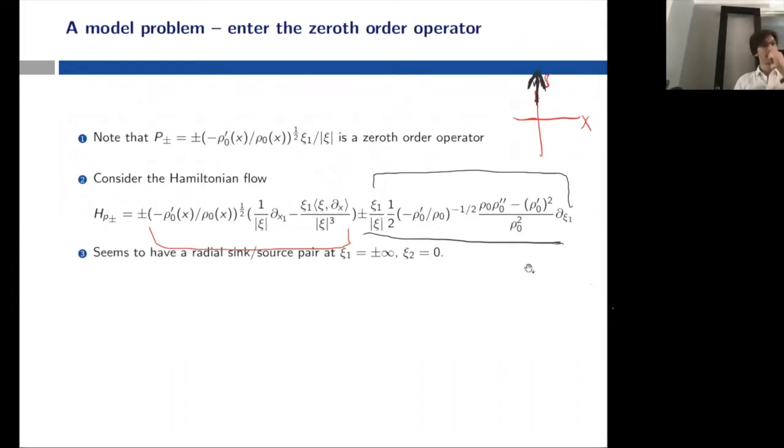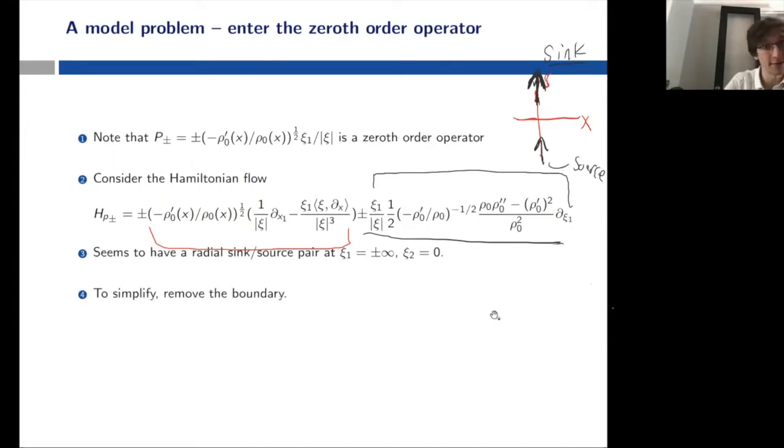Okay, so what you start to imagine is that maybe there's some kind of source sink pair, so you can run in from infinity here and then go off towards positive infinity there. So I have some kind of source going on here and some kind of sink. And I'll be a bit more precise about this later, but now this problem is still a bit complicated, right?